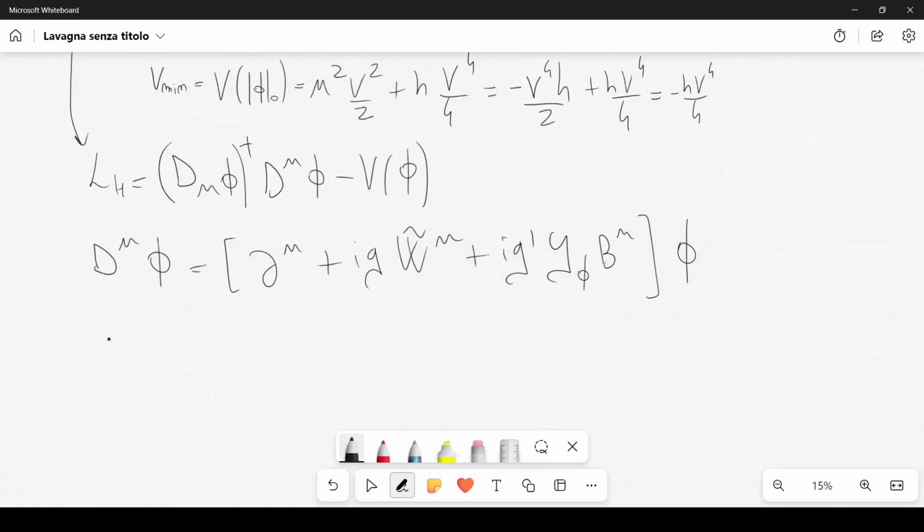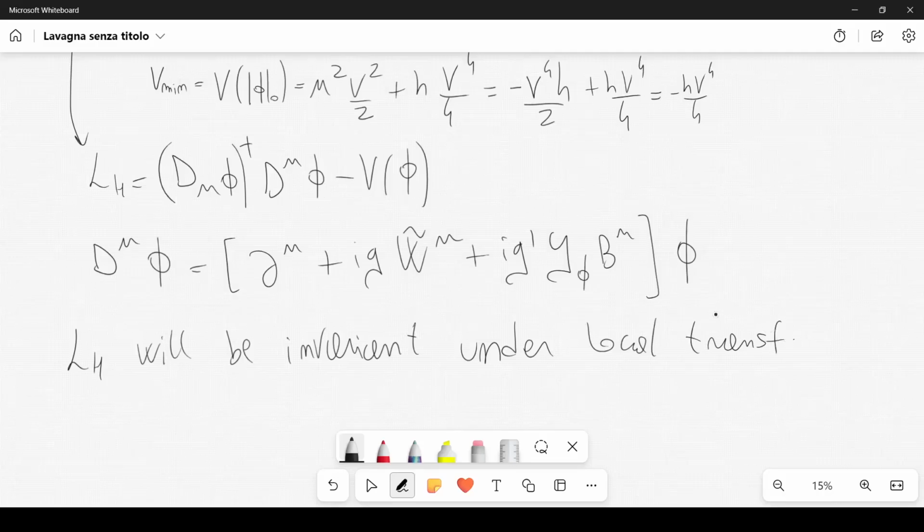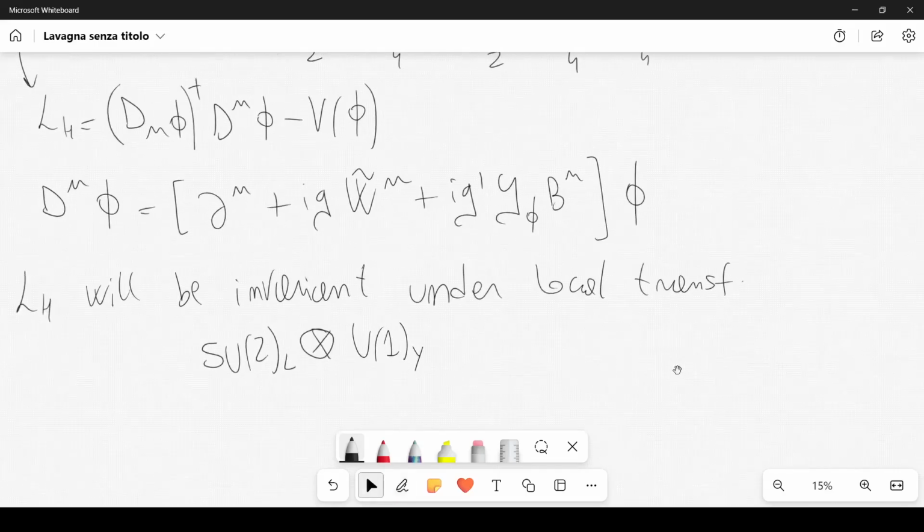Now, if we use this definition for the covariant derivative, L_H will be invariant under local transformations, and these local transformations are related to the group SU(2)_L tensor product with U(1)_Y. We know that this subscript Y is related to the hypercharge, which is this Y_φ here.